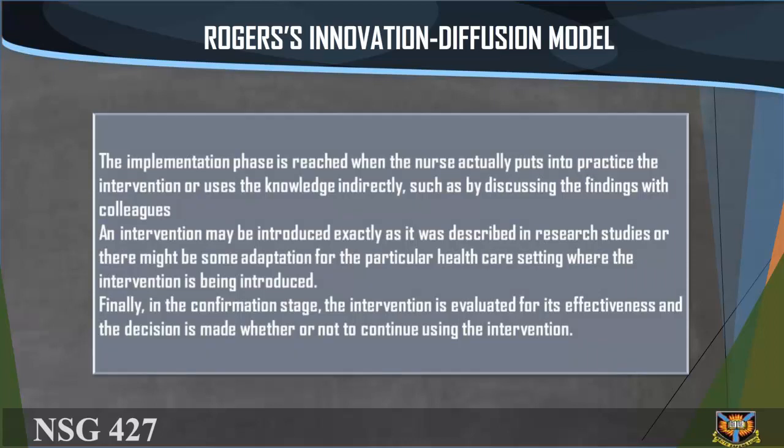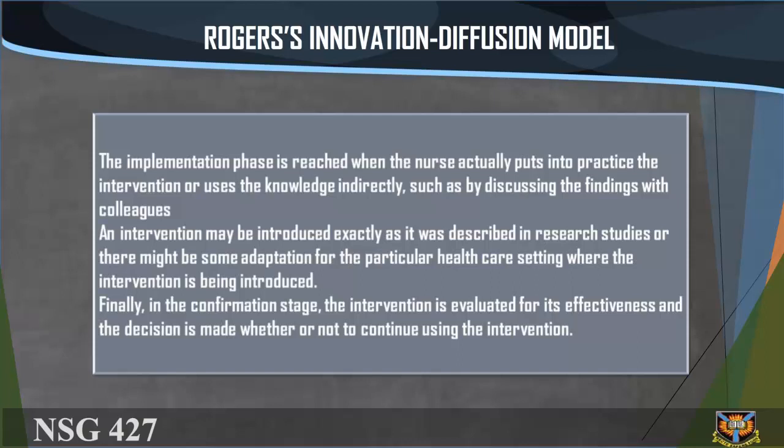The implementation phase is reached when the nurse actually puts into practice the intervention or uses the knowledge indirectly, such as by discussing the findings with colleagues or citing the findings at a conference or in one of their own publications.